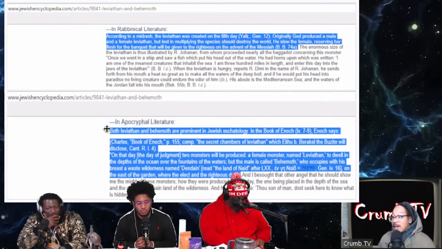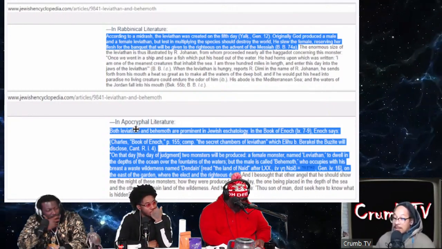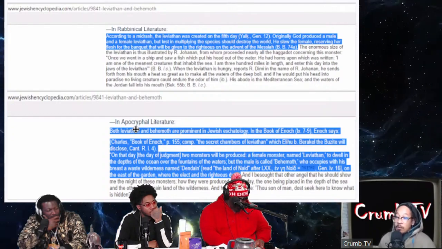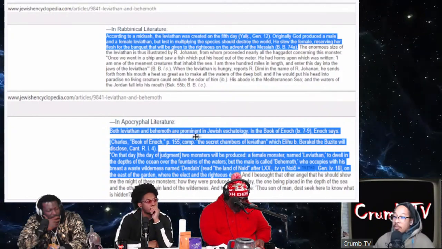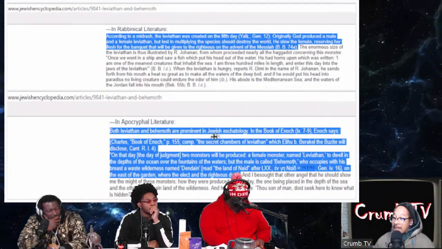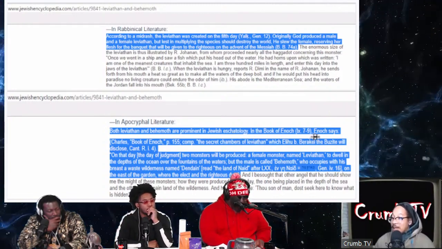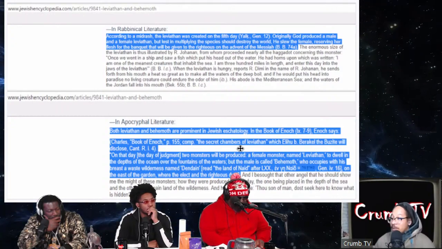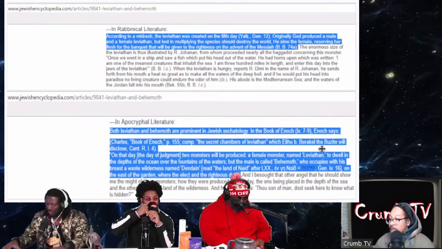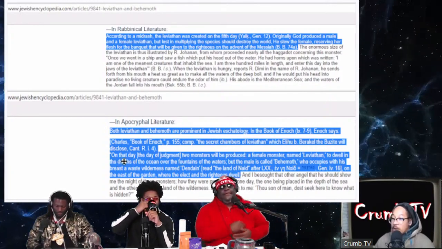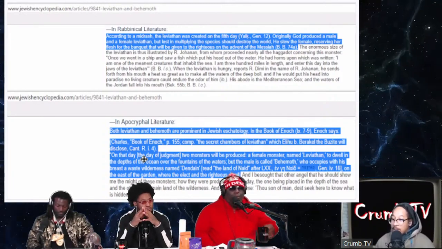Continue. So yeah, this is the apocryphal literature. It says both Leviathan and Behemoth are prominent in Jewish eschatology. In the book of Enoch, Enoch speaks of the secret chambers of Leviathan, which will be disclosed on the day. Oh, I'm sorry. This is what I wanted to read. This other stuff, I don't know why I highlighted. Please forgive me.